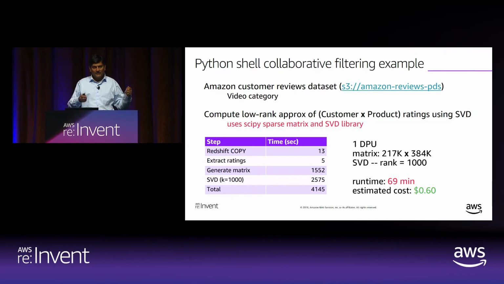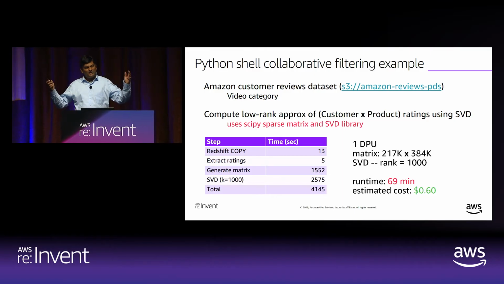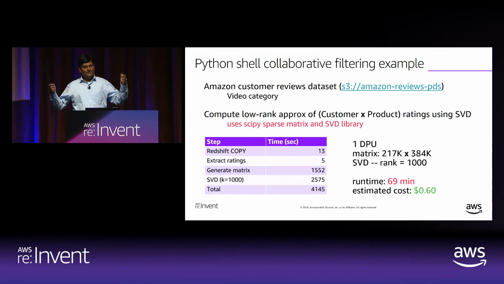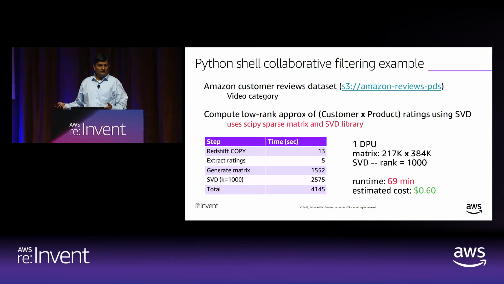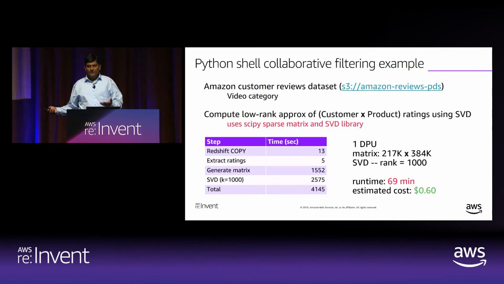The important point is that the SVD requires a bunch of memory and a bunch of CPU and some time to iterate over that to get you the answers. And in this case, you can very quickly get that up and running using the SciPy sparse matrix library that comes packaged with Python shell and the SVD computation that comes packaged with Python shell.